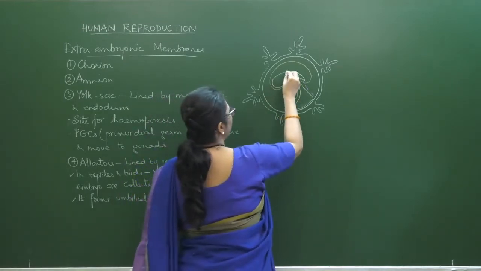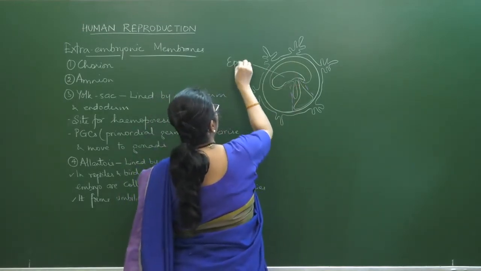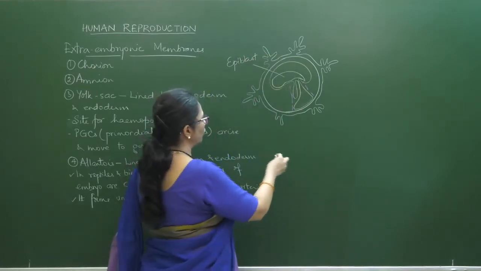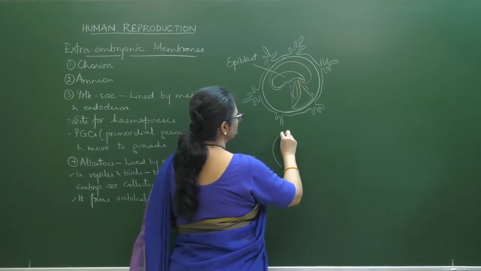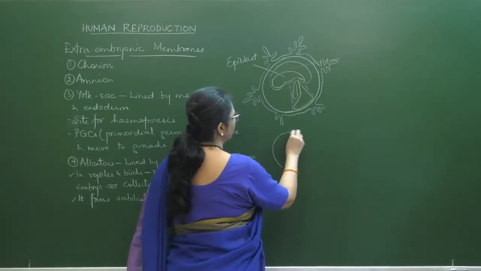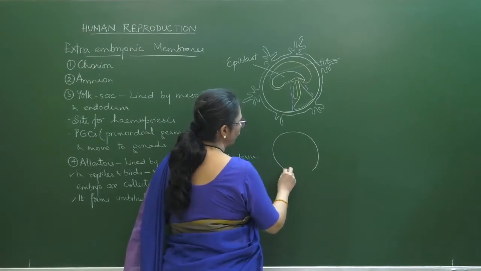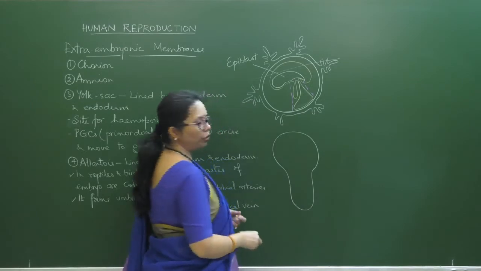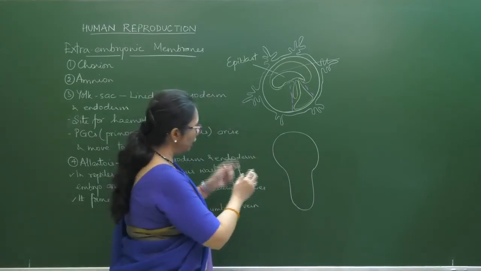As far as this epiblast portion is concerned, if you see it from the top, like if we cut a section and then you are seeing it from the top, where the head is going to form, that appears quite broad, and the posterior part of the body is going to be narrow.